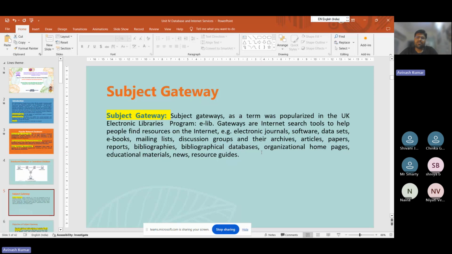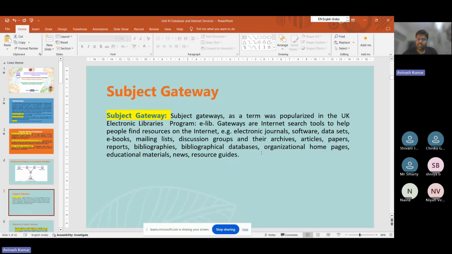Actually, a subject gateway is a website where you can get particular information in a particular field of knowledge, whatever the user wants, like medical.